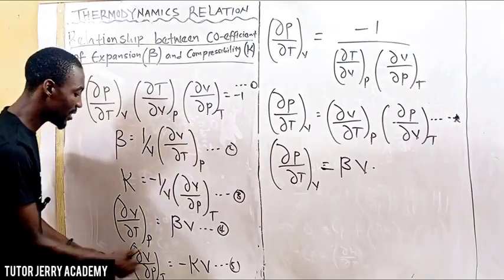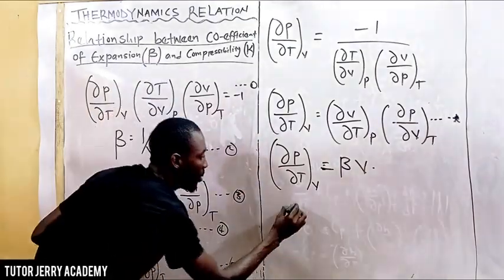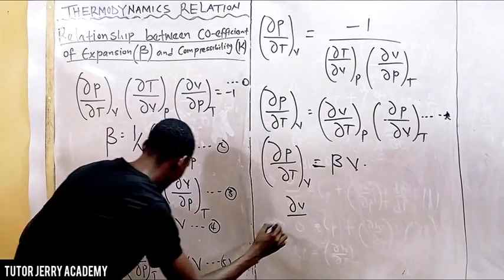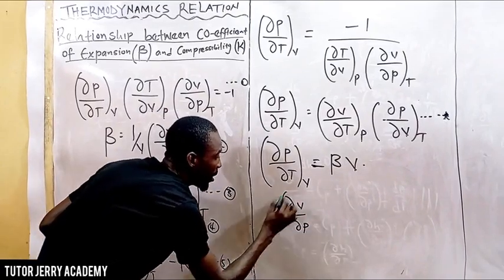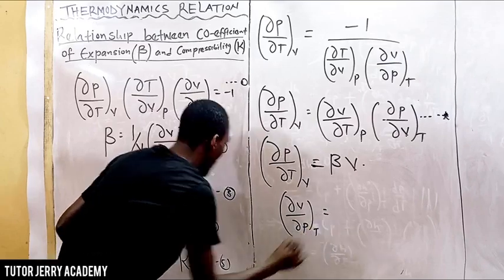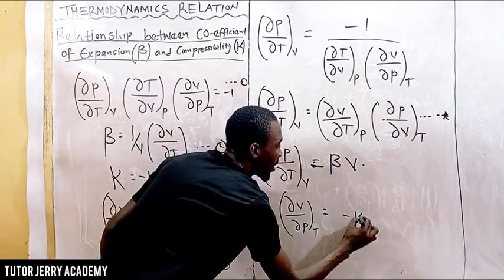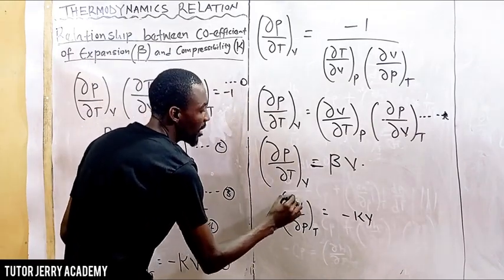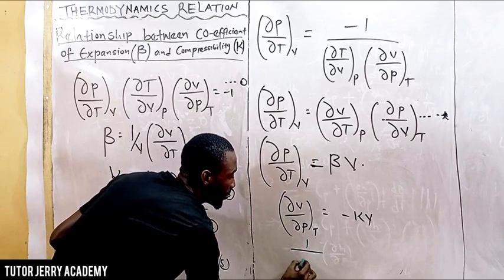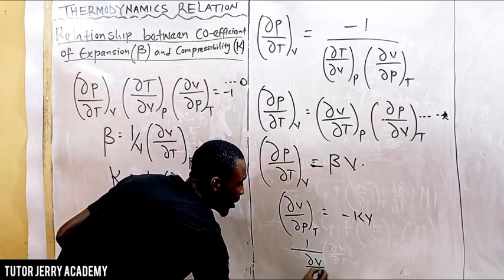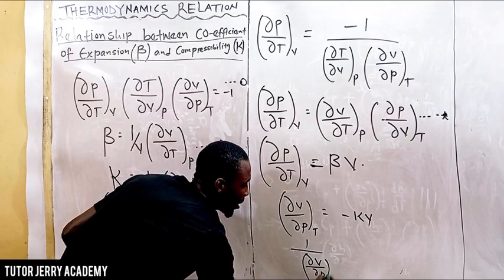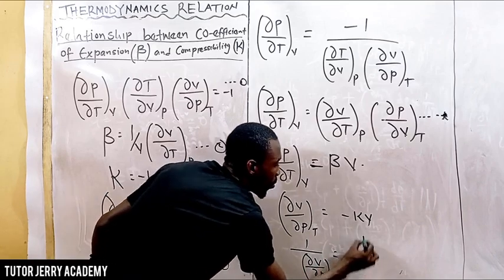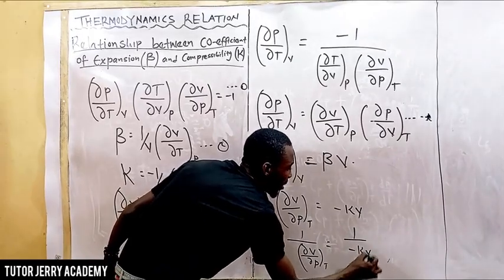If we have the partial differentiation of V all over the partial differentiation of P, keeping T constant, equal to minus kV, then if I take the inverse, that is 1 all over the partial differentiation of V all over the partial differentiation of P, keeping T constant, equal to 1 all over minus kV.